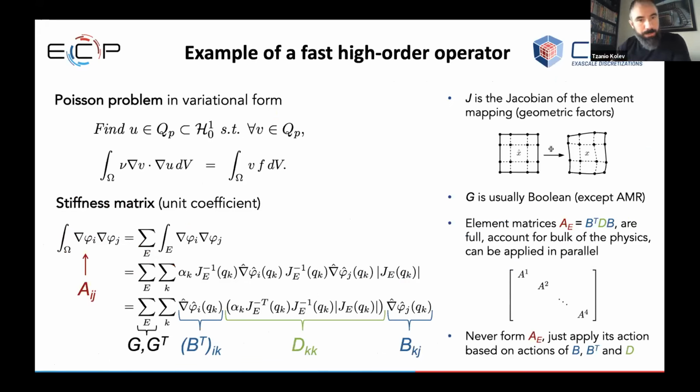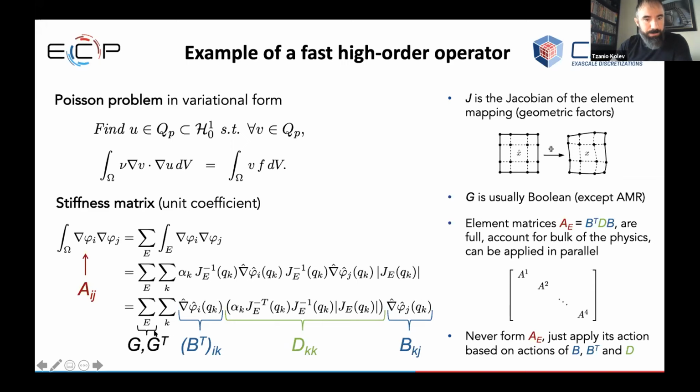Okay, this is just a quick example. If you have, say, a diffusion problem, the stiffness matrix, one entry of it is just this integral of the dot product of the gradients of the basis functions. If you write this as a sum over the elements, and then you apply a quadrature in each element, then these B operators are basically the gradients of the basis functions at quadrature points.